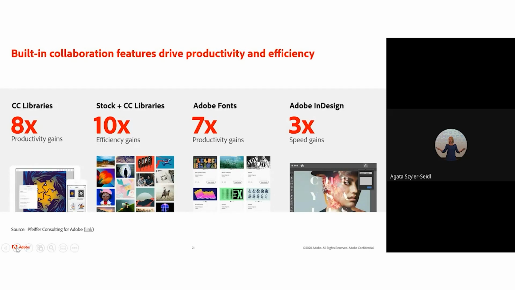Then when we work with Adobe Stock and libraries, we have on average 10 times more efficiency. Further, leveraging Adobe Fonts, without purchasing fonts from any other external parties, you can have more than 7 times productivity gains. And for example, for Adobe InDesign, there were 3 times speed gains. So all in all, very impressive average results.